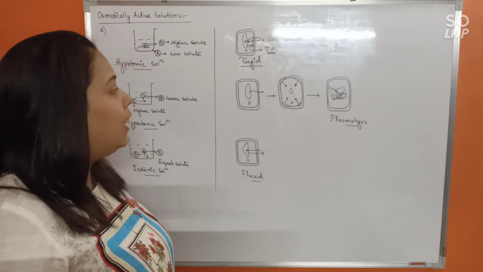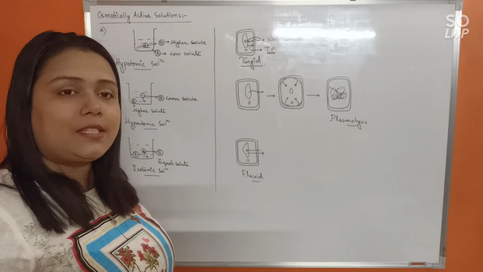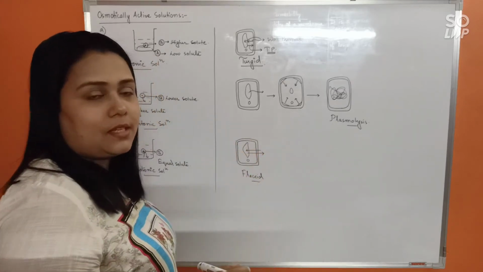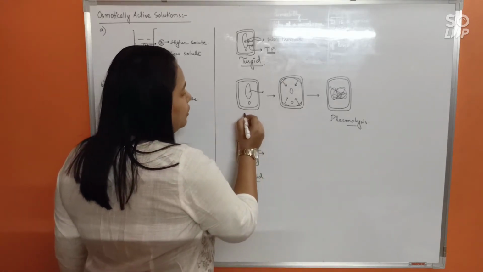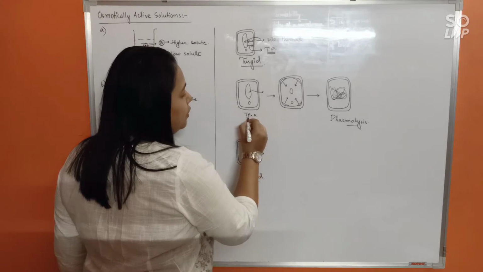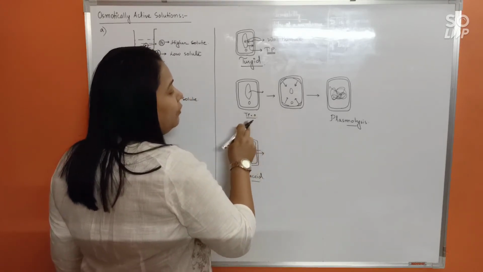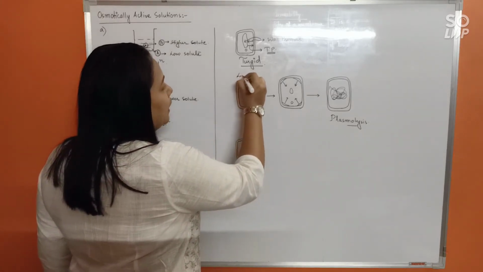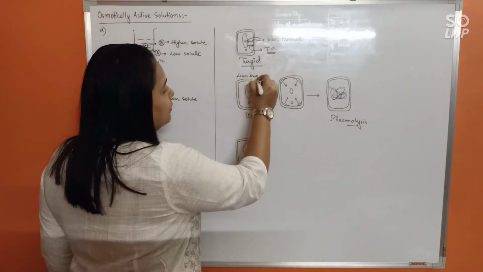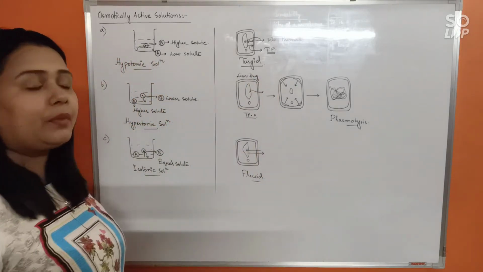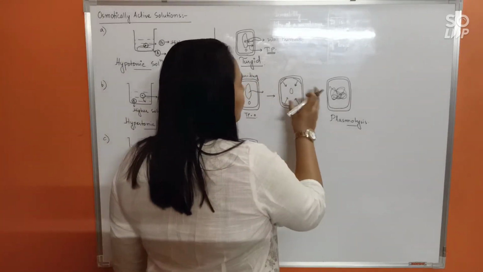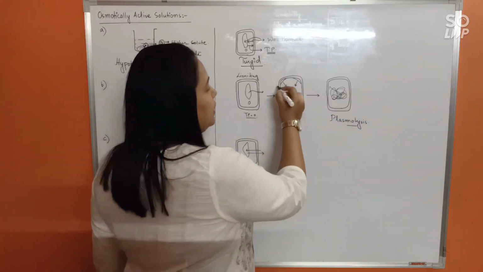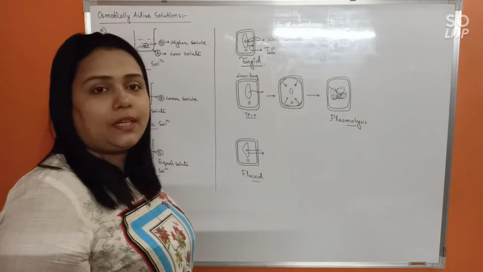Is that clear? Now, plasmolysis consists of 3 stages. In the first stage, when plasmolysis just begins, at that time, turgor pressure turns 0. Tp becomes 0. This is the first step of plasmolysis, which is known as limiting plasmolysis. Second step is when the water has considerably run out of the sap vacuole, due to which the cell wall and cell membrane have started to separate at the corner.